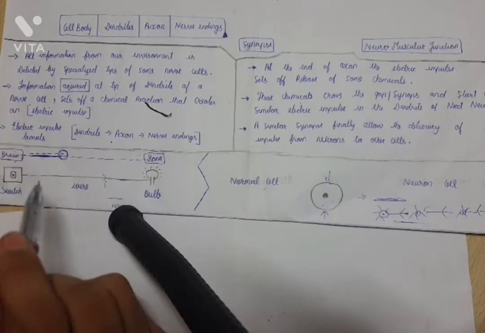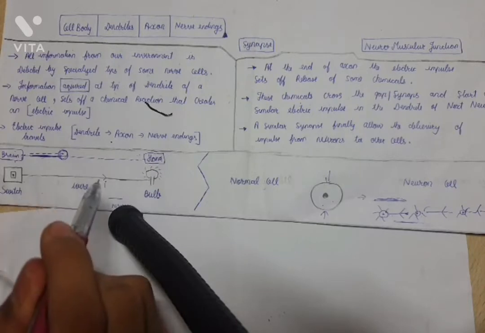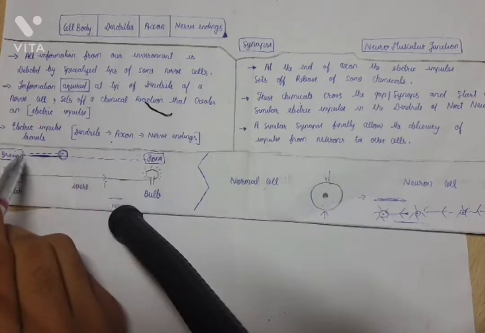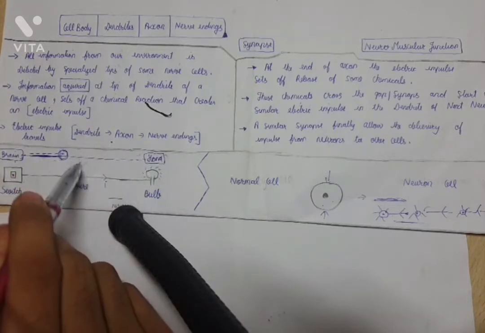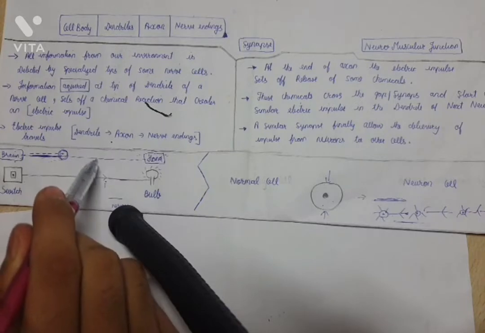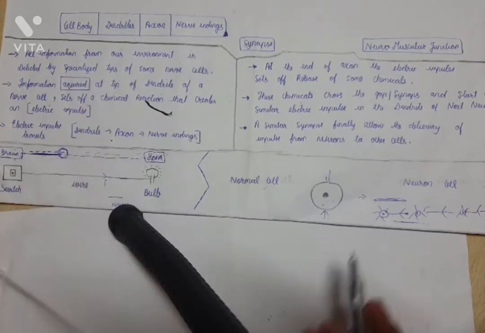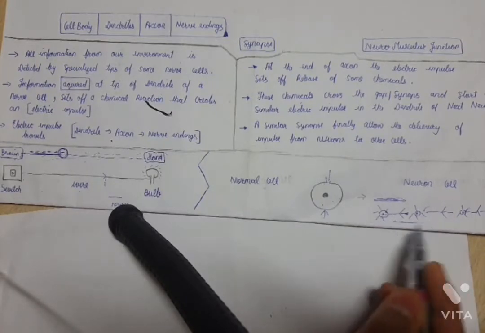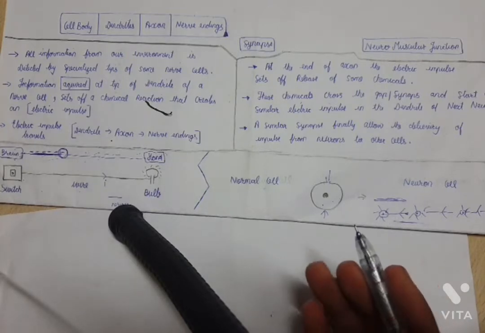So what we studied here was that this switch and bulb were connected by a wire, and this wire was carrying current. In the same way, the brain and the hand are connected by a wire which is called a nerve, and this nerve is made up of small parts which are called neurons. Many of these cells called neurons will join together and make a nerve. So basically, what will the neuron transfer?